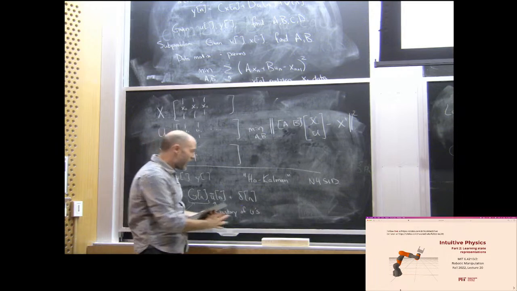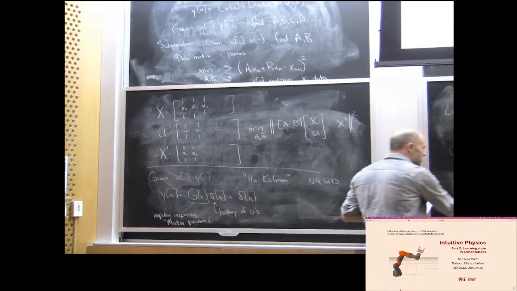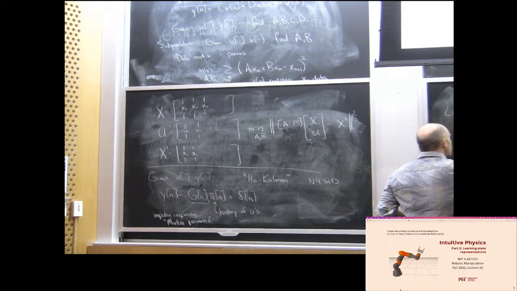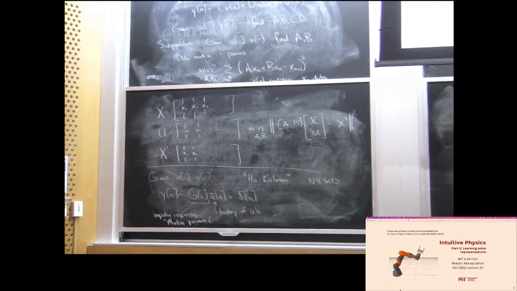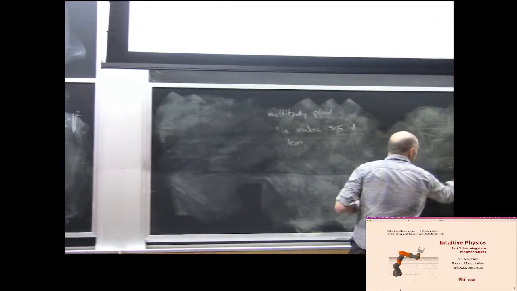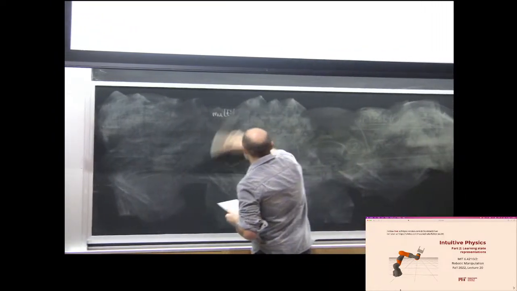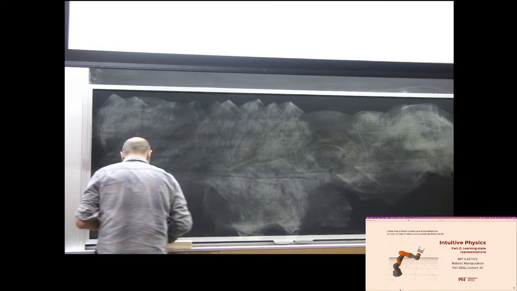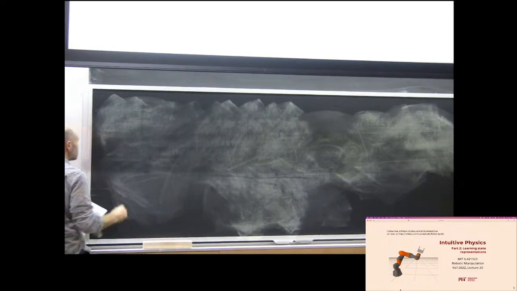But when you do that second step, finding A, B, C, and D to describe G, it reveals some fundamental truths about system identification that I want you to see.